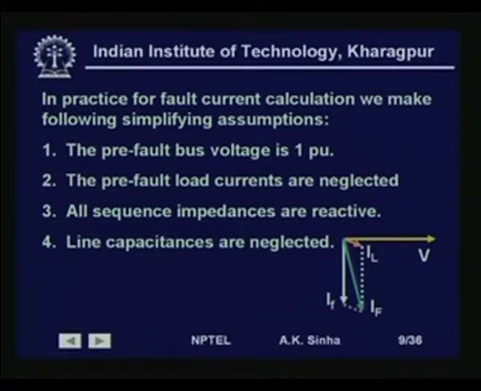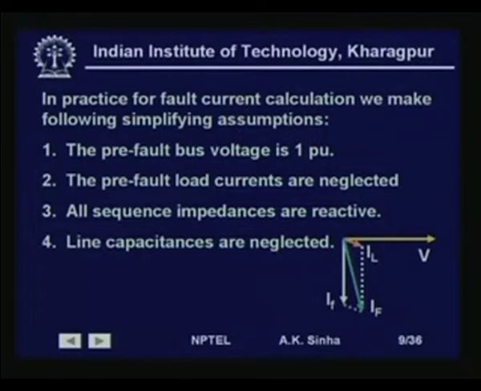We make another assumption that pre-fault load currents are neglected, that is, we are assuming that before the fault occurred the system was unloaded. Now, this assumption appears to be somewhat erroneous, because certainly the system operates under some load conditions.